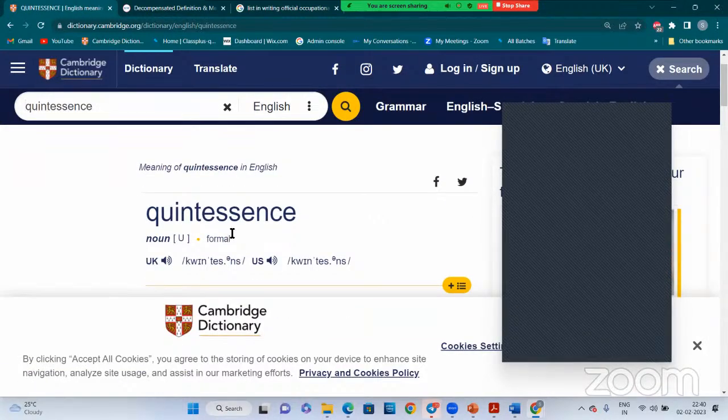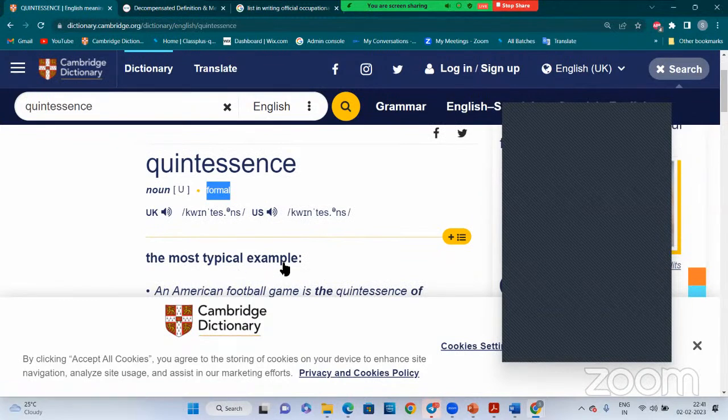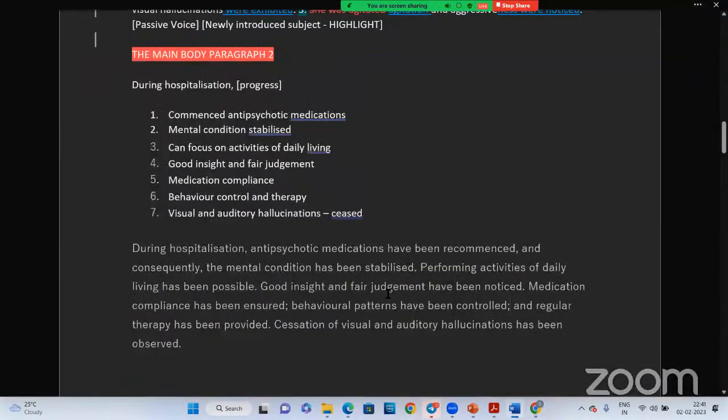Quintessence is formal. The most typical example. Quintessential quality means most typical example of quality. So this is the way you can write the sentence.